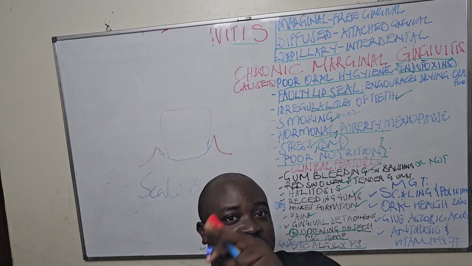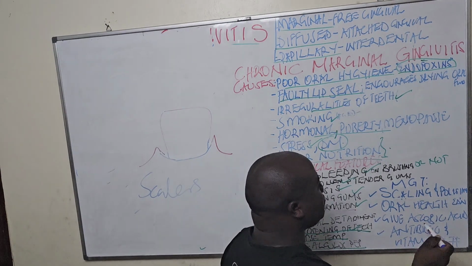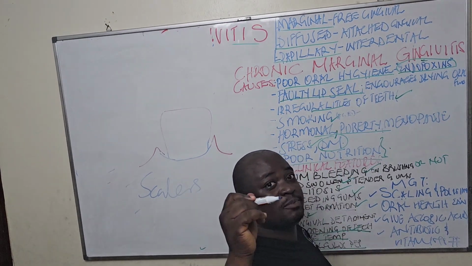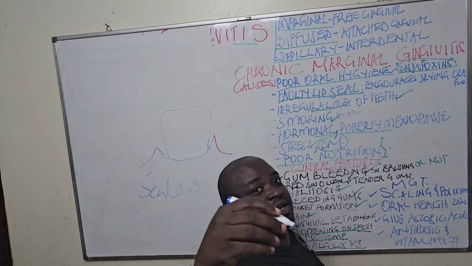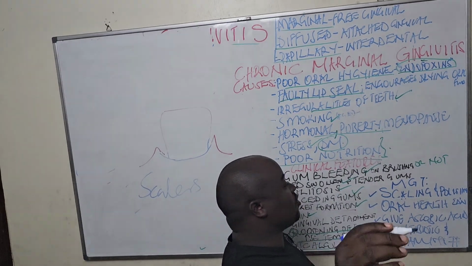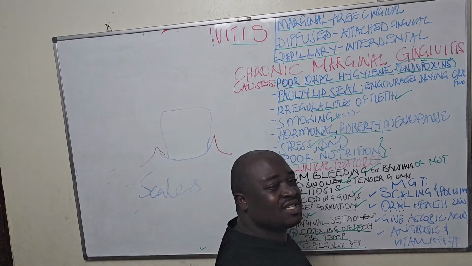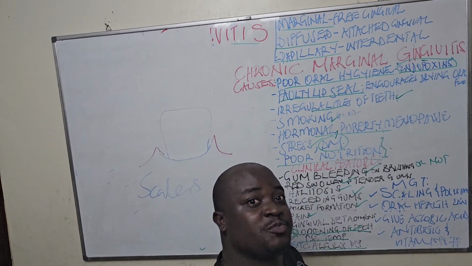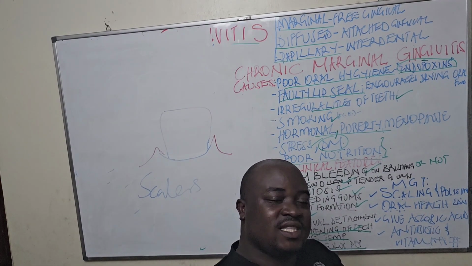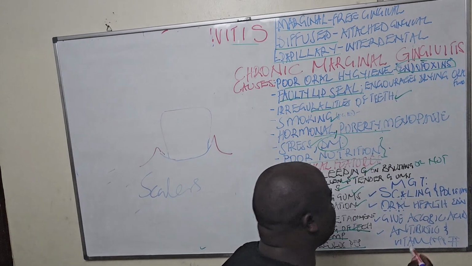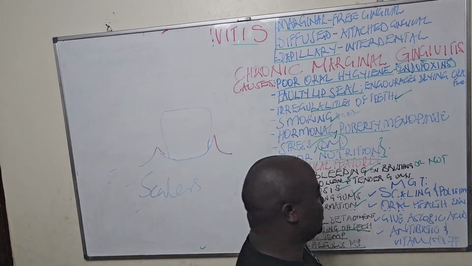Chronic marginal gingivitis. Plaque can always be the cause of chronic marginal gingivitis. So, oral education about how people should take care of oral hygiene, how people should floss, how people should eat a balanced diet, can always be talked about here.